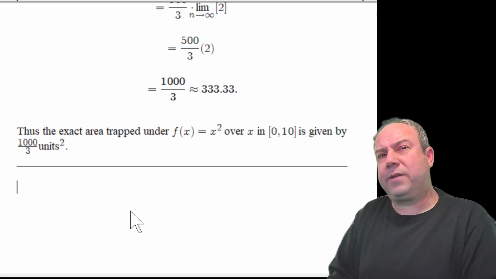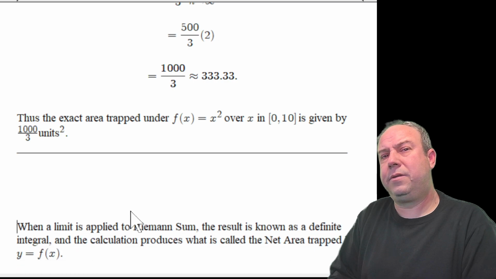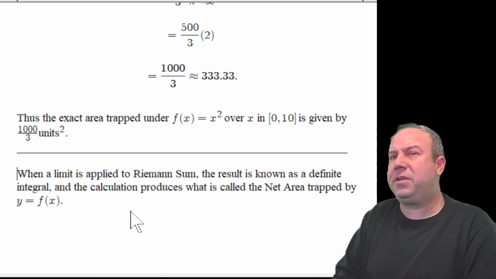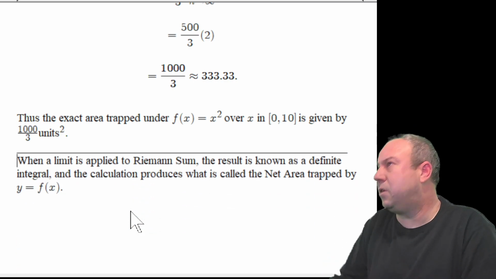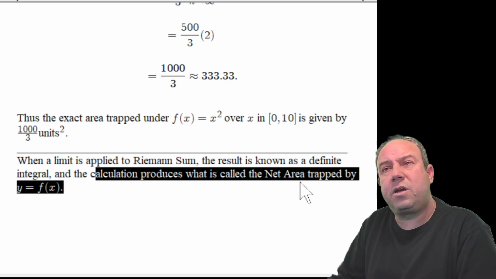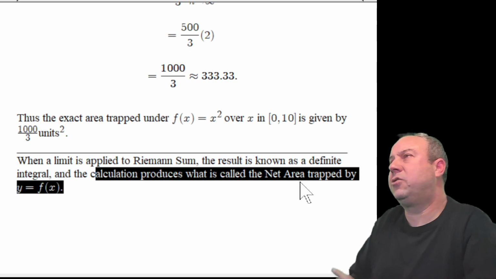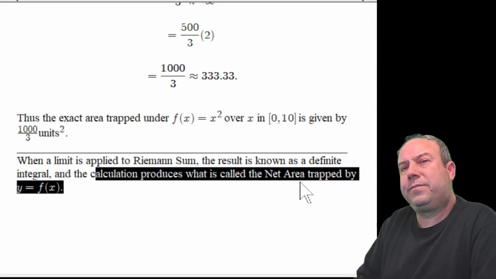And then I go on to note, when we do apply a limit to a Riemann sum, the result is going to be known as what we call a definite integral. And the calculation produces what we're going to call a net area trapped by our function. All right?